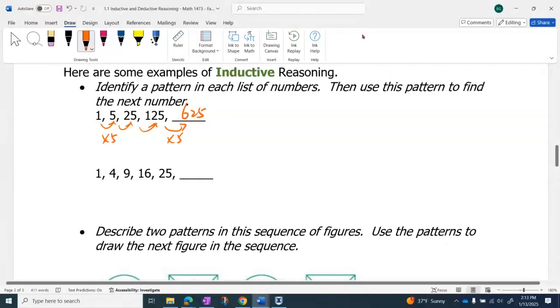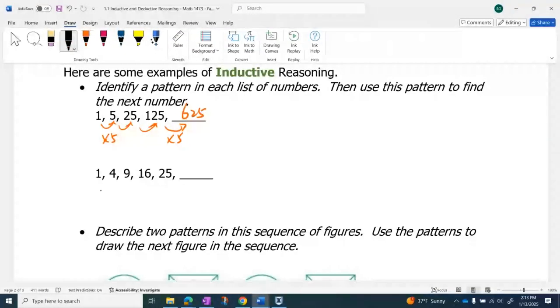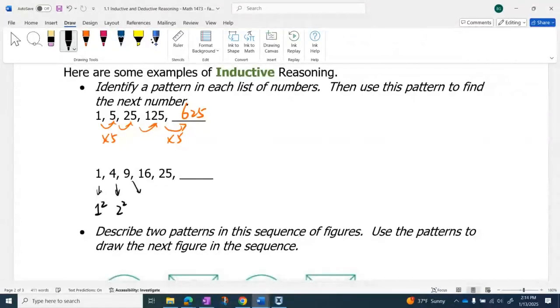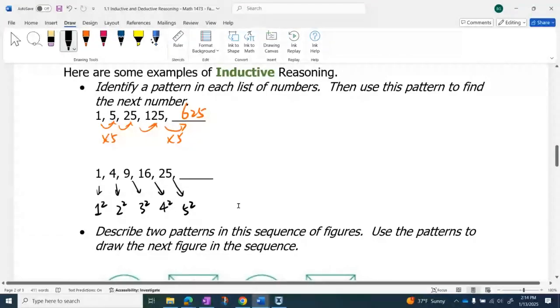The prerequisite of this class is Foundation 2, so it should not be difficult to identify. 1 is 1 squared, 4 is 2 squared, 9 is 3 squared, 16 is 4 squared, 25 is 5 squared. They are special because they are perfect squares, right? So that's the pattern.